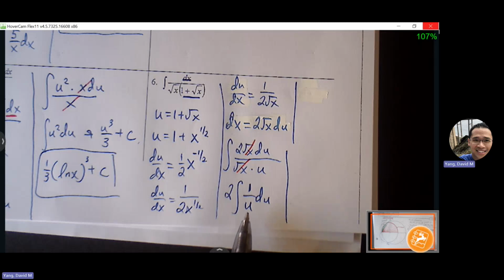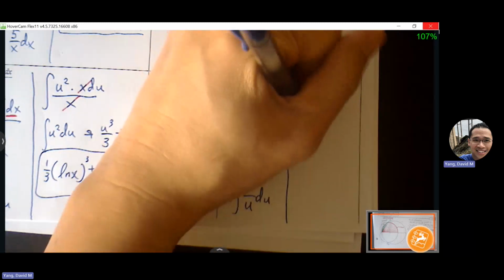Not power rule. Yeah, natural log, right? 1 over u. Power rule will be any other power. If it's u to the 1/2 or u to the square, but if it's u to the first power in the denominator, if we try power rule, it's going to mess up because we'll get u to the 0 over 0, and hopefully that will help remind us, oh, there's something else going on here.